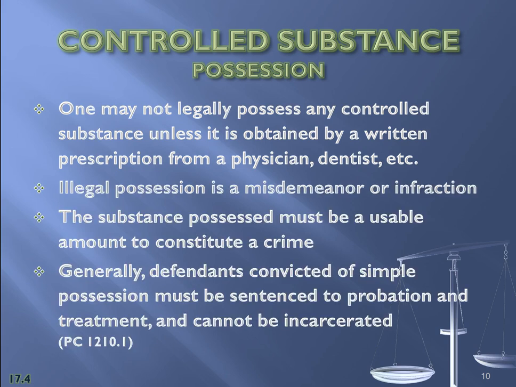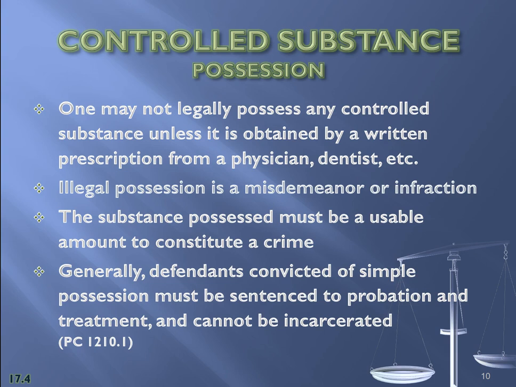So what about possession? So now we kind of know, we've seen a lot of different controlled substances and their names and what schedule they kind of fall under. And we've learned about things like tolerance and habituation and both psychological and physiological dependence. So we've got those under our belt now.